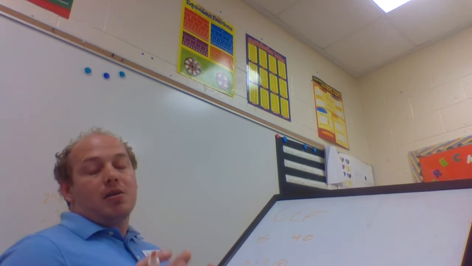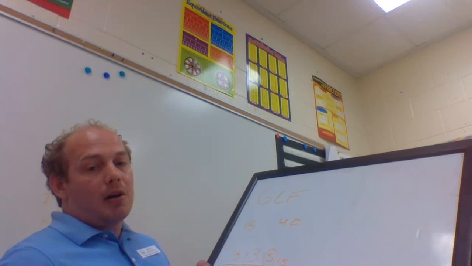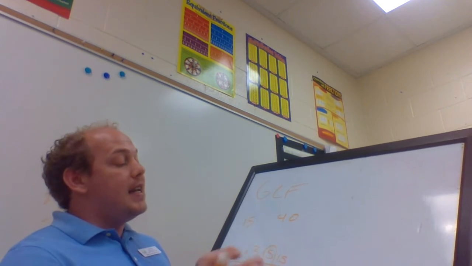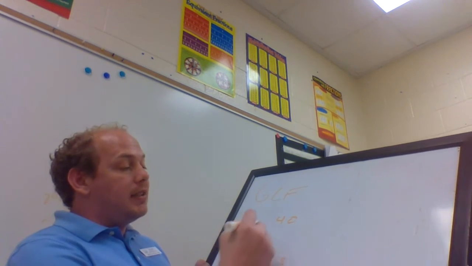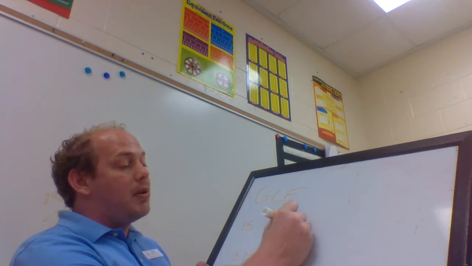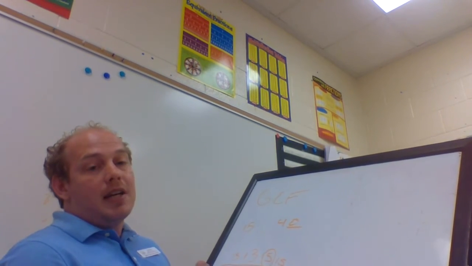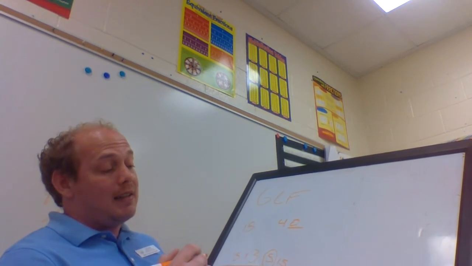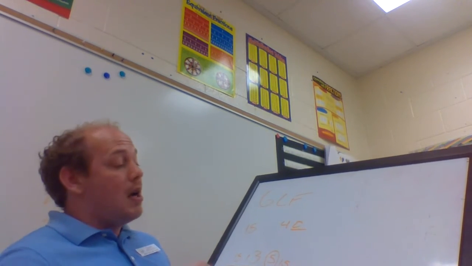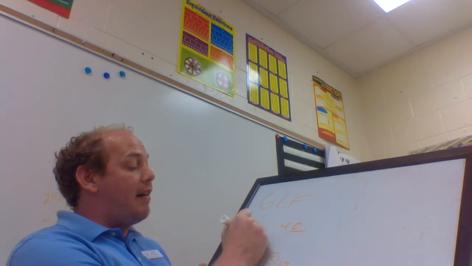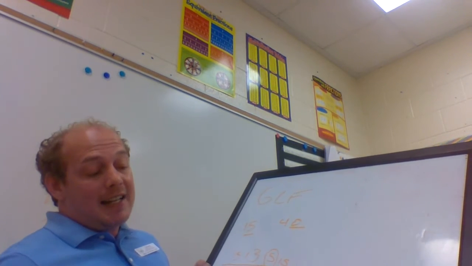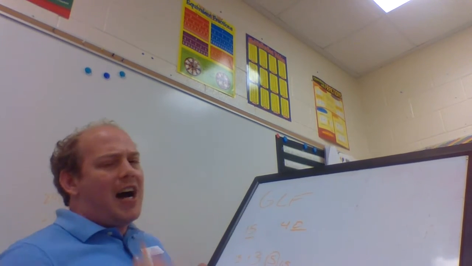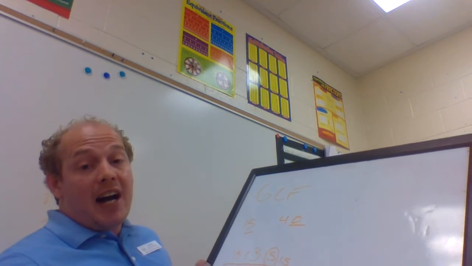Now, the other way that we can do that, but you really need to know your divisibility rules, is by saying, well, this number ends in 0, so we know that every number that ends in 0 can be divided by 10. But can they both be divided by 10? And the answer there is no, because this number ends in a 5. But as I just said, any number that ends in a 0 or a 5 can be divided by 5.